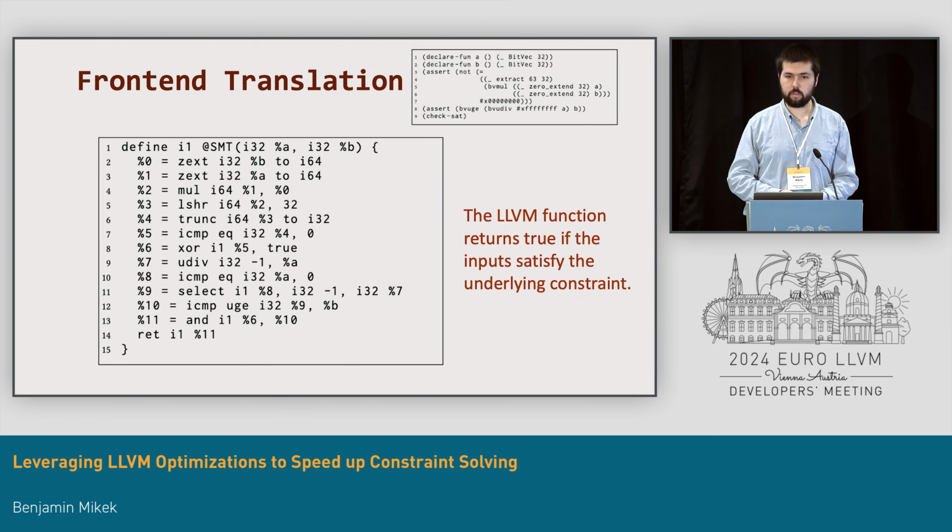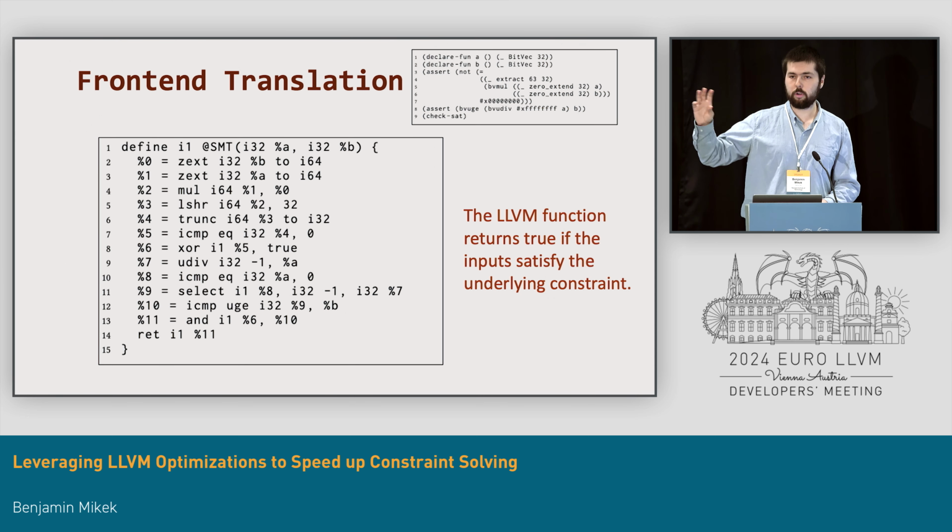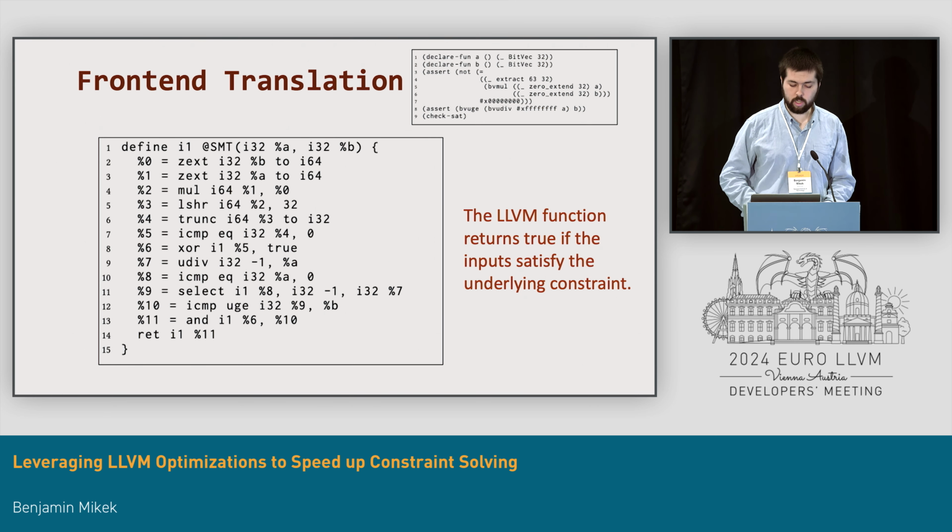But in this program, each one of the operations from the SMT constraint has been translated into an LLVM function application. So for example, the first two lines here, ZXT, the zero extension, correspond to the zero extend function applications that were in the original constraint. And as you go through here, you'll see almost a one-to-one correspondence between LLVM function applications and the constraint.